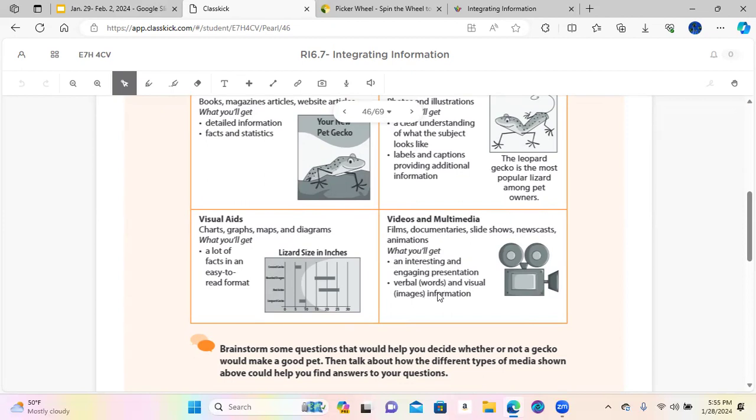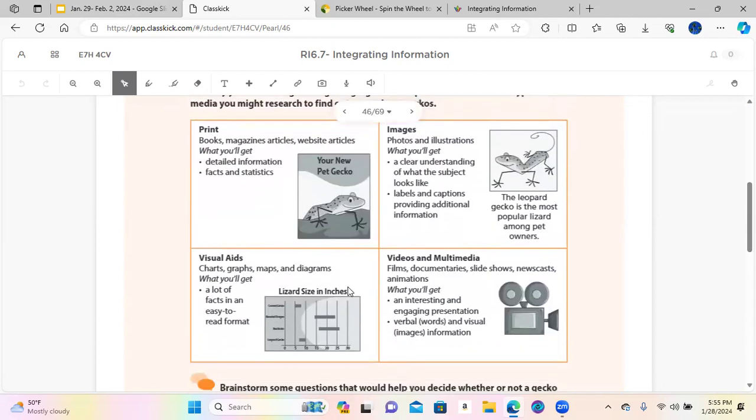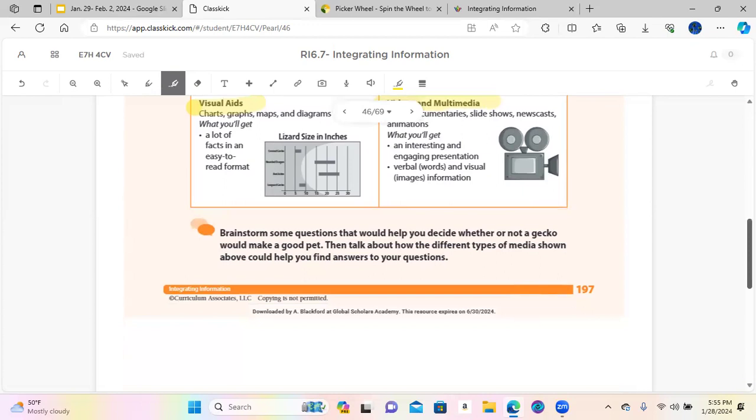They have verbal words and visual images to give the reader more information, right? So these are different ways of presenting the same information. You can use print, you can use images, visual aids, and videos and multimedia. All right.